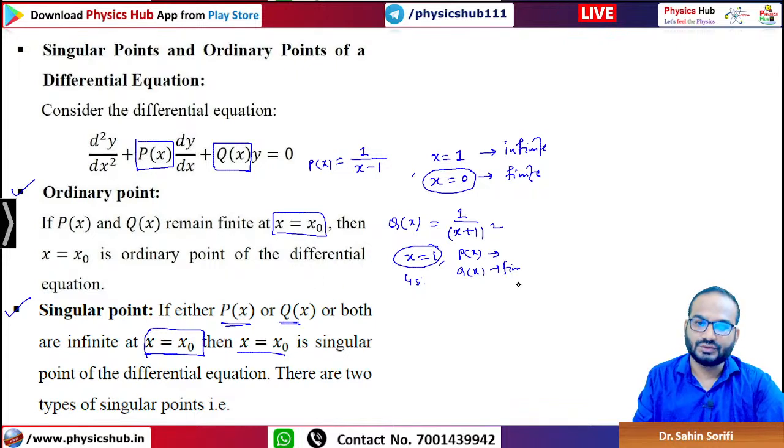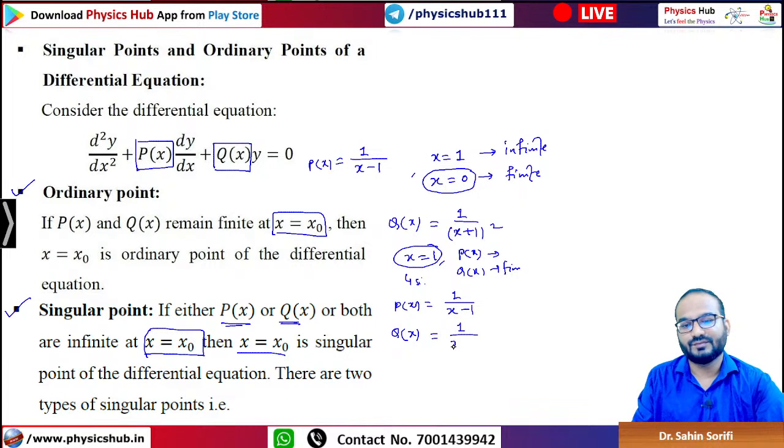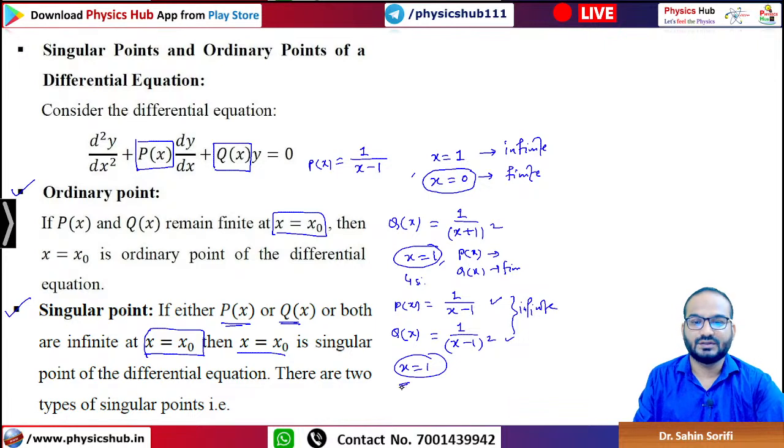Or let's say p of x is 1 by x minus 1 and q of x is 1 by x minus 1 whole square. At x equals 1, both p of x and q of x are infinite, then also it will be called a singular point. If any of them, or both of them, are infinite, then that point will be called a singular point.